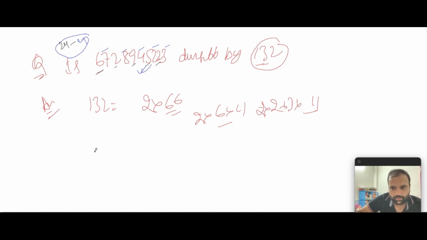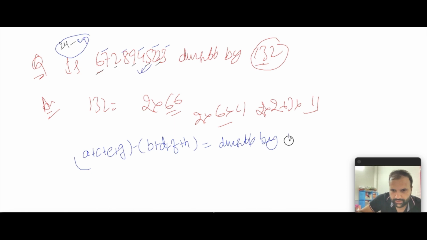I gave you this question purposely because, when I was telling you about the divisibility rule for 11, I said that A plus C plus E plus G minus B plus D plus F plus H should be divisible by 11.